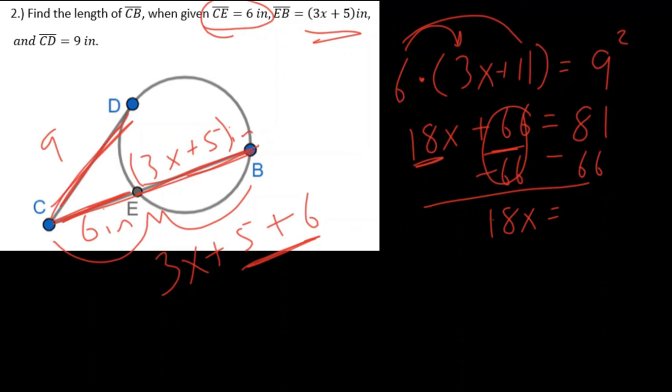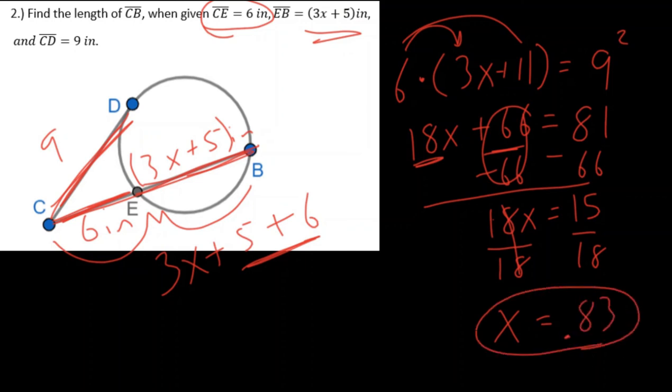And 81 minus 66 will give us 15. Okay. Now, how do we get rid of that 18? Well, when two things are being multiplied, to get rid of multiplication, we have to divide. And so, after dividing both sides, I have 15 over 18. Let's get our decimal, which in this case will be 0.83.